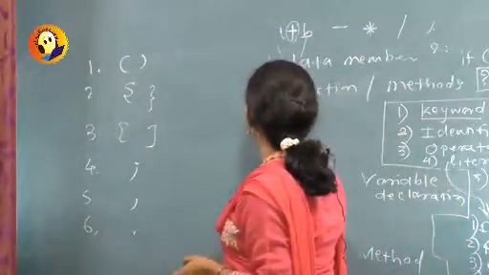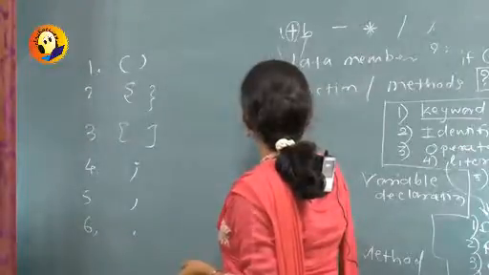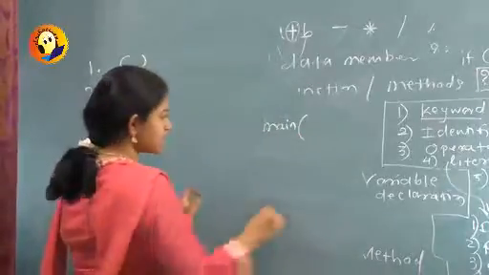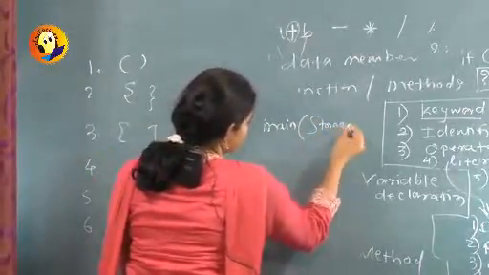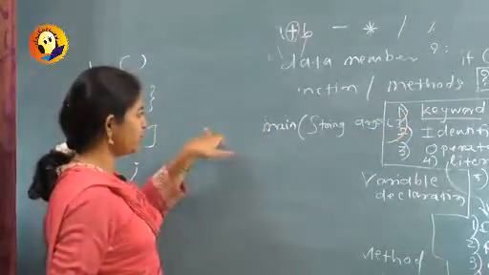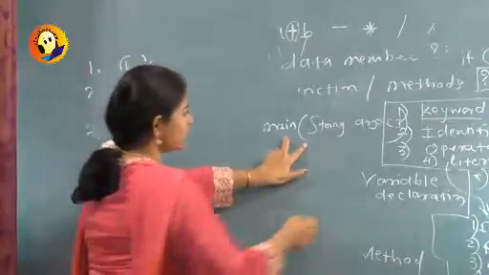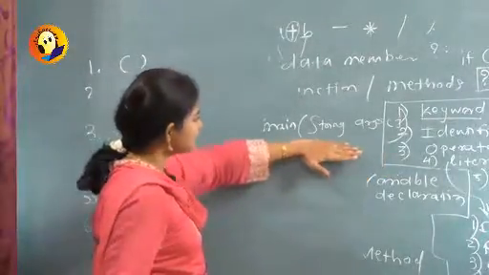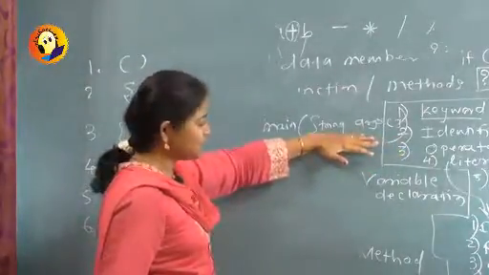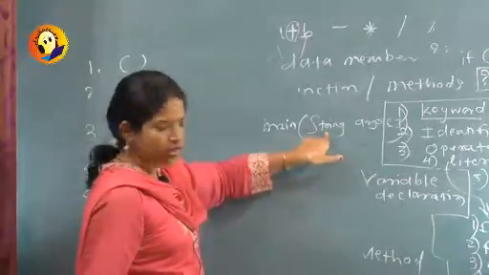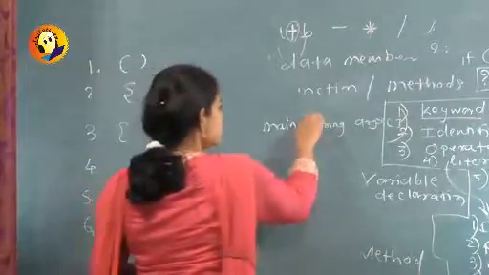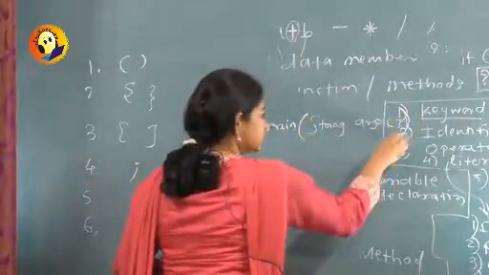For example, the main function accepts arguments using round brackets. This is the syntax of main: public static void main, opening round bracket and closing round bracket. These separators are useful to accept command line arguments as a string type.